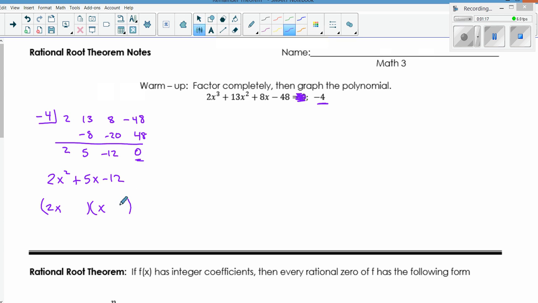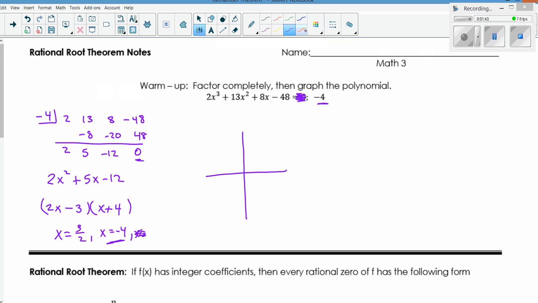Let's see. 4, so that works. So this gives me 8, 3. Alright, so I have the solution of 3 halves and negative 4. And then I also had the solution of negative 4 to start with, so I'm just going to underline this one. So that's going to matter when I graph it.